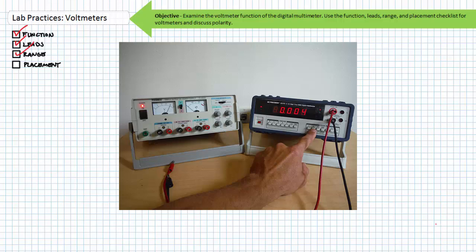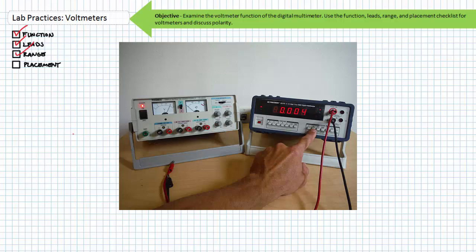But if we read the fine print, we'll realize the 2000 range is actually subdivided into 1200 volts DC and 750 volts AC maximums. If we expect a reading of 5 volts, what is the most appropriate range? 2, 20, 200, or in the case of DC, 1200.